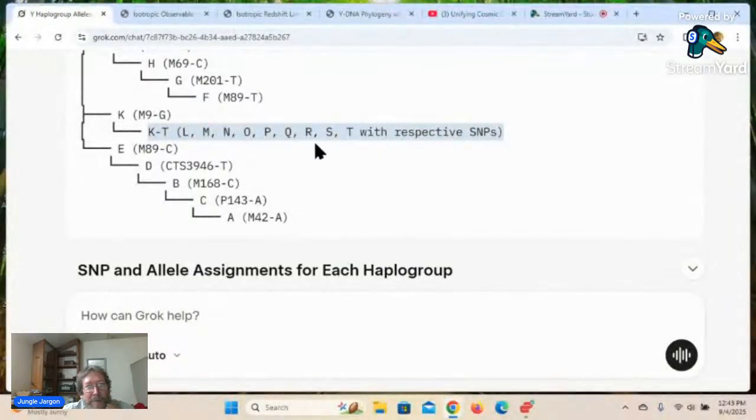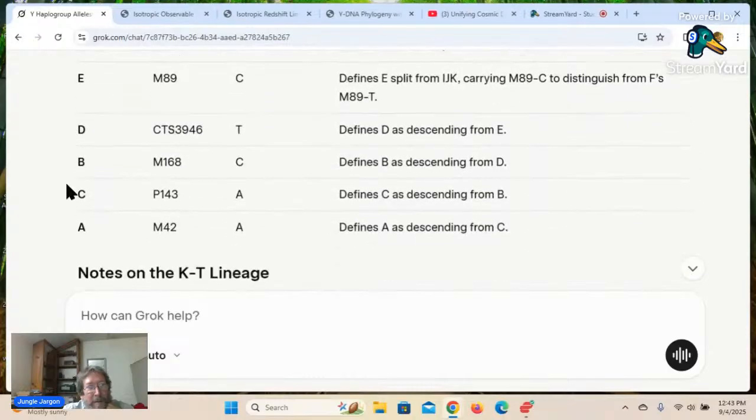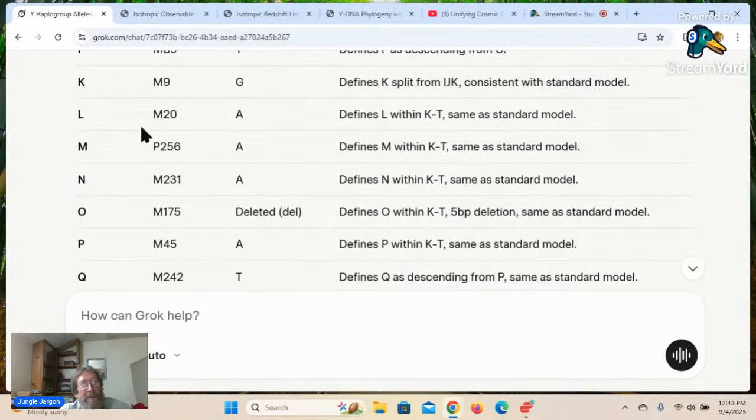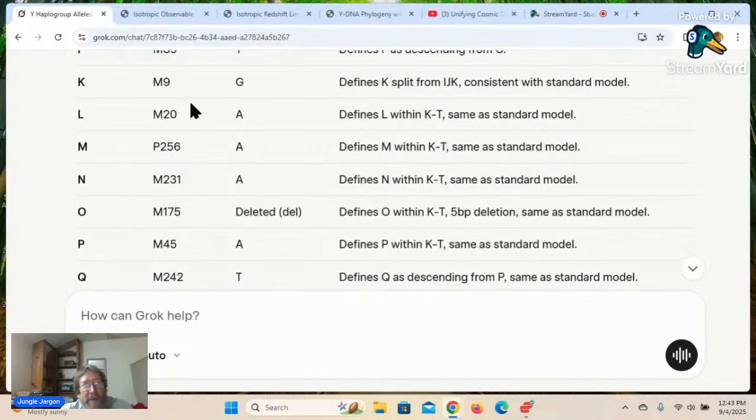He has this with respective SNPs, but here he lists them in the K. Yeah, the K elemental P, K elemental P, Q, and R. So the K, M9 defines this K split.